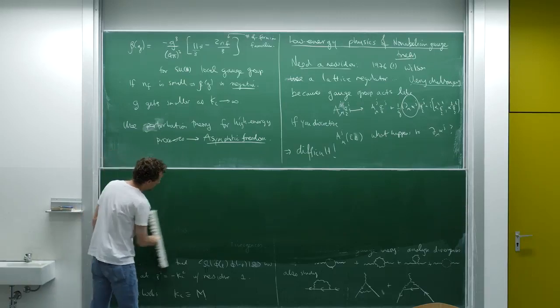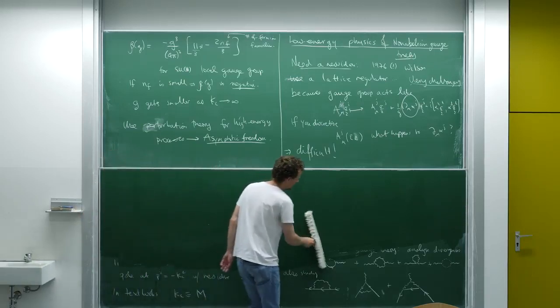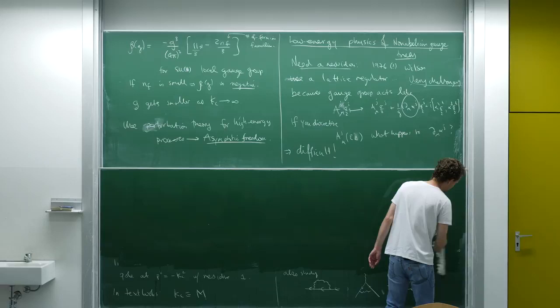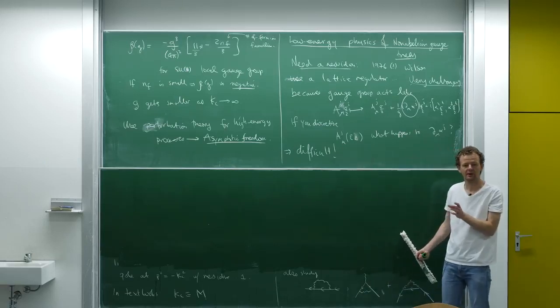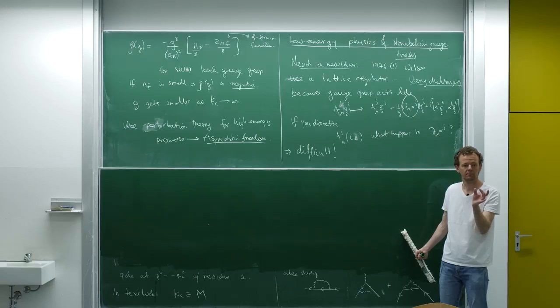So maybe the fundamental degrees of freedom of a lattice approximation to gauge theory isn't the gauge field on a lattice, but rather the little parallel transporters themselves.